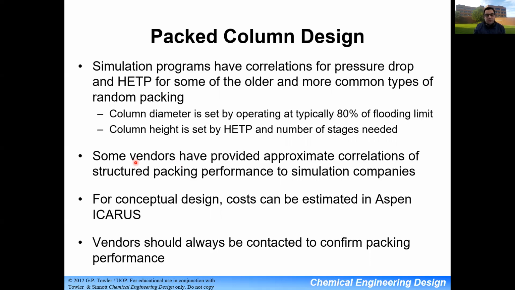They have a lot of information about vendors, commercial packings, and some specifics of the internals, which are very interesting. Aspen has a tool for just the design of packed and distillation columns called Aspen Icarus. Most of it has been integrated into Aspen Plus. However, you can always find these standalone tools.